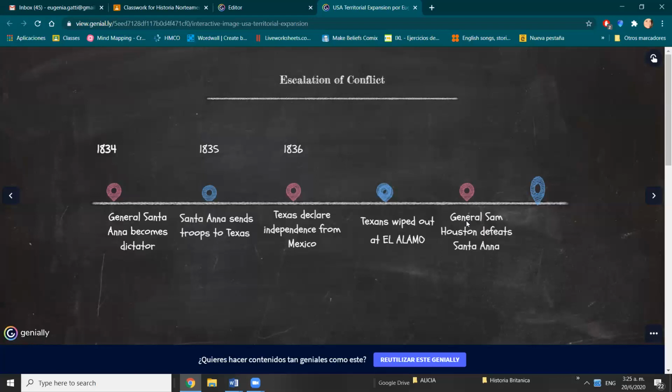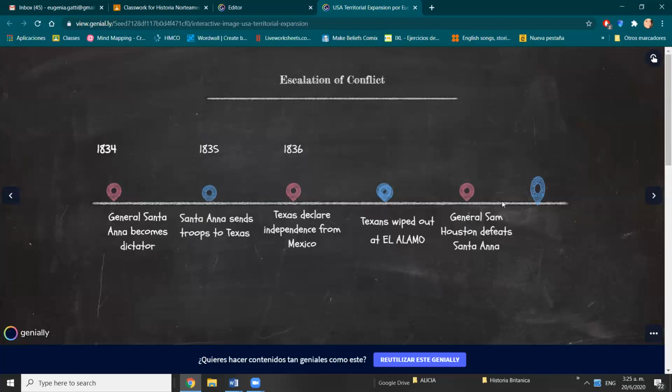So the question of annexation is brought to Congress, because the Congress of the United States of America is the only one that can approve the annexation of new territory. The president alone cannot do it, you know that.